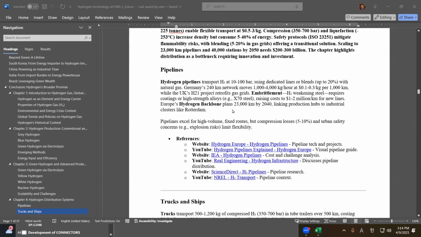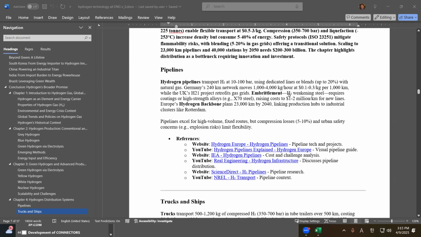We got some important issue summaries, and one of them I can see is embrittlement. H2 gas, due to its characteristics, has a molecule so small that it can penetrate into any material, especially metal.